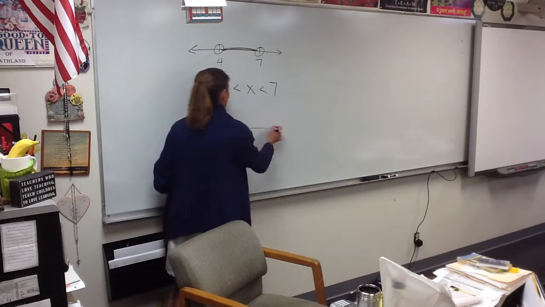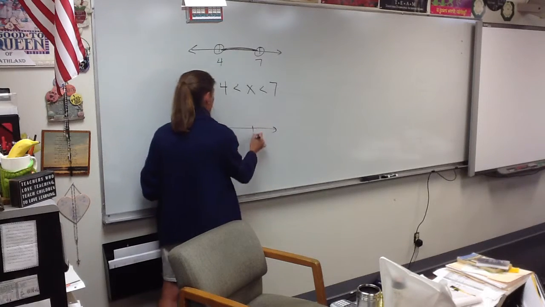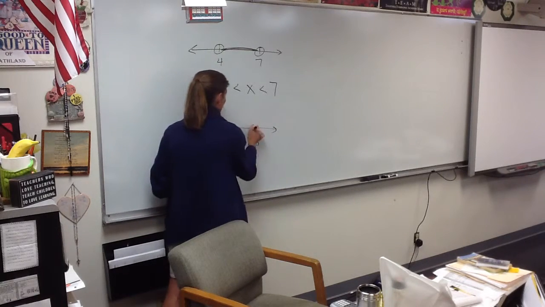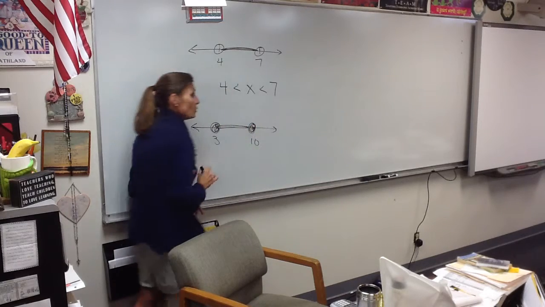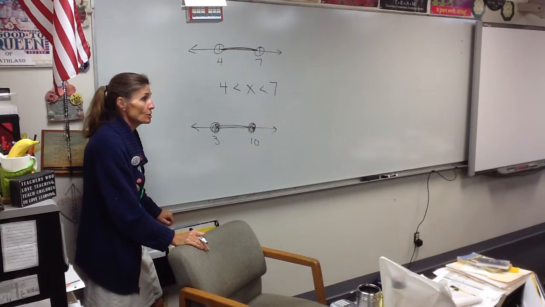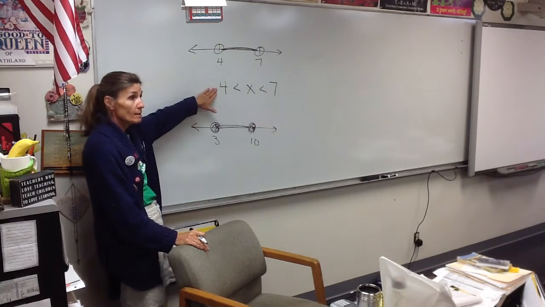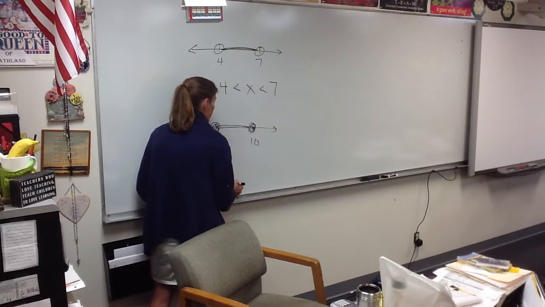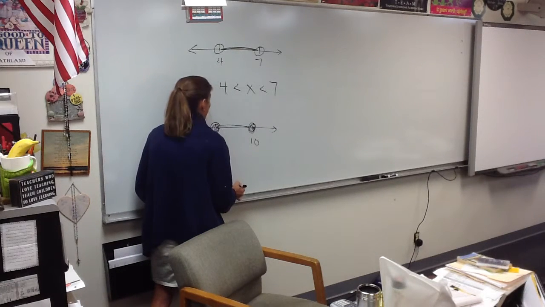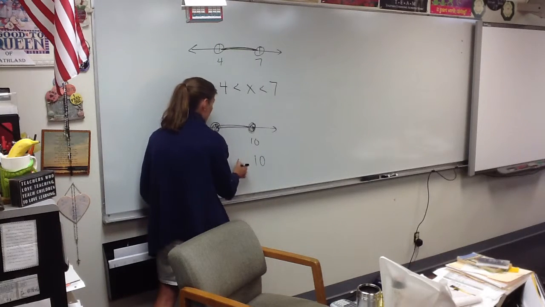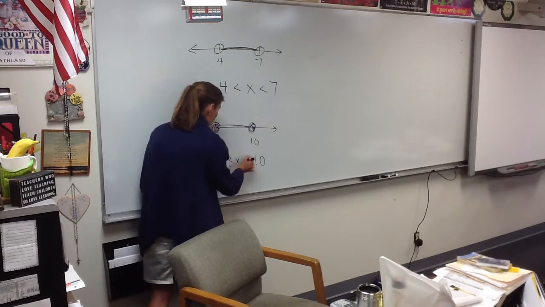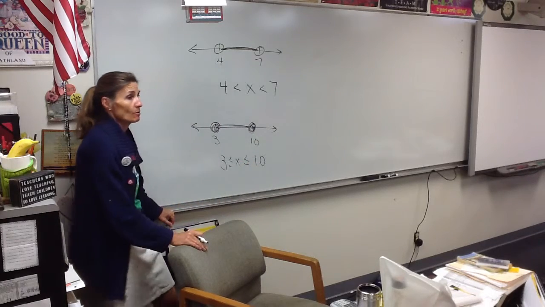Now you know, if I color in the dots, the only thing that would change when I wrote my inequality is what? It'd be greater than, or less than. It'd be equal maybe, or equal to. So I put my 3 here, I put my 10 here, I put my X in between, and then they're going to be less than or equal to.